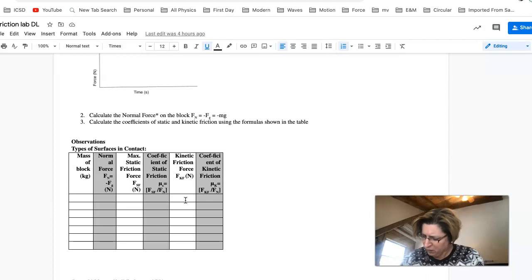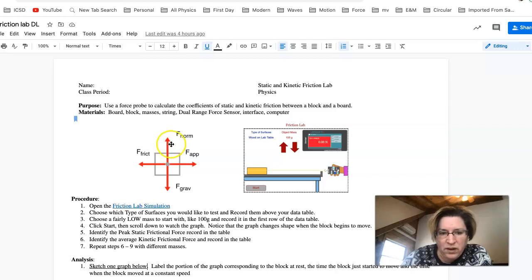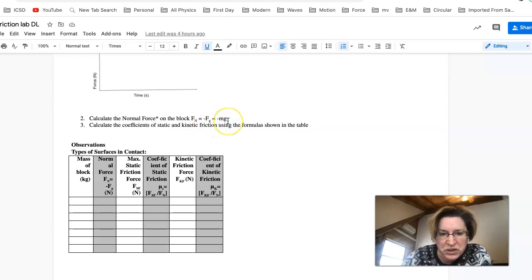Then we've got to do the actual calculations. One thing you've got to do is calculate the normal force. As we figured out in the pre-lab, the normal force is perfectly balancing the gravity force because the block is not accelerating in the vertical direction. To find the gravity force, we use Fg equals mg.